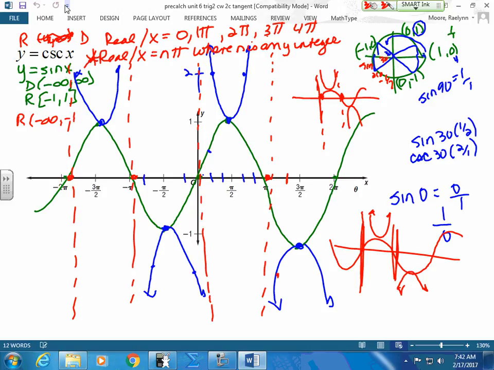Soft or hard? My range is my y's, guys. I want to go from negative infinity, stop at here, right? Then I want to jump over, and where do I restart? Or, and from 1 to infinity. It is the complete opposite of sine. Sine does 1 to negative 1. Its reciprocal does everything but that, right?